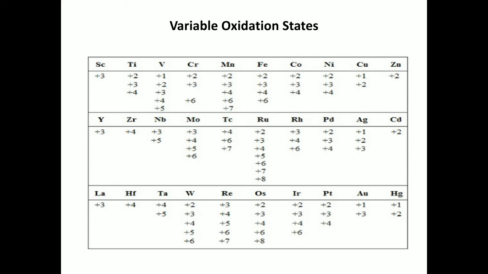Mostly the ns level is occupied by 2 electrons, ns2. So all the transition elements can easily lose their 2 electrons from their s orbital, so almost all elements show the +2 oxidation state.